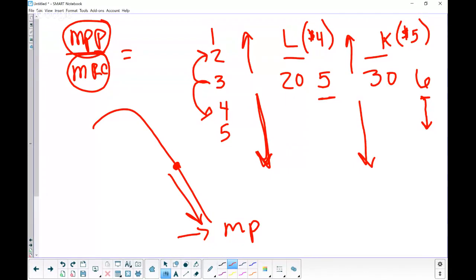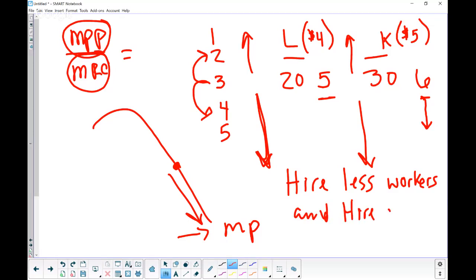And again, we don't know what's going on per se, but this is the data we're given. So this number here is going to get larger. This number here is going to get smaller. So in that case, this firm would hire less workers and hire more capital, more robots.